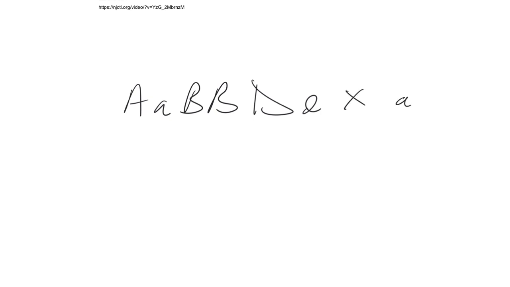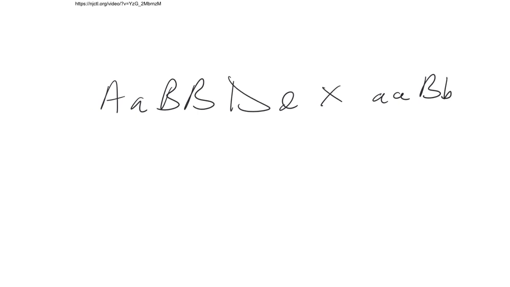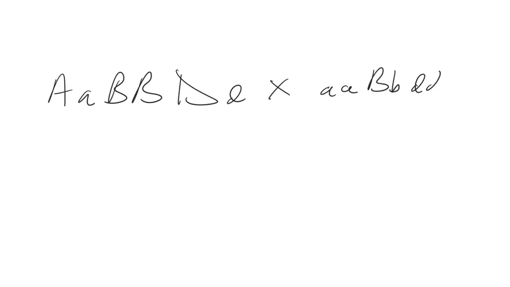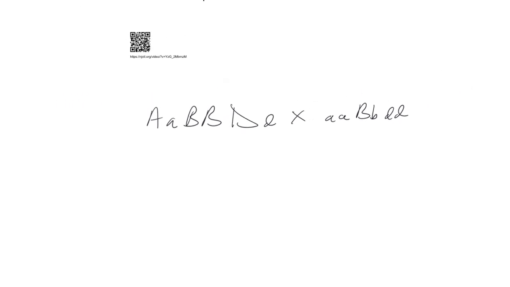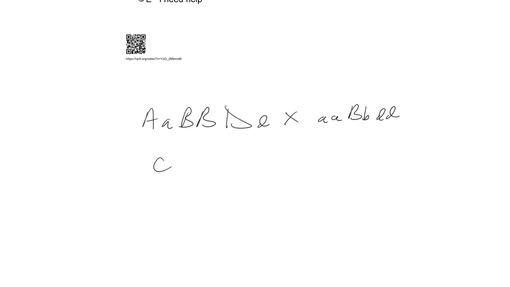What if you had a trihybrid like this, and then you crossed it with something like that? Okay, what is the probability of getting an offspring like this?